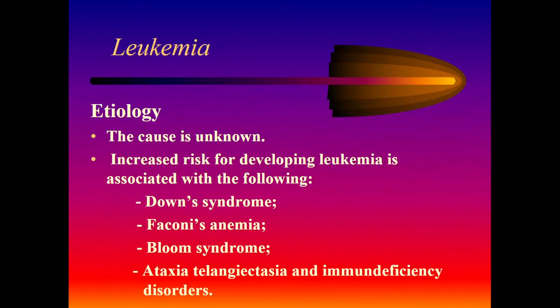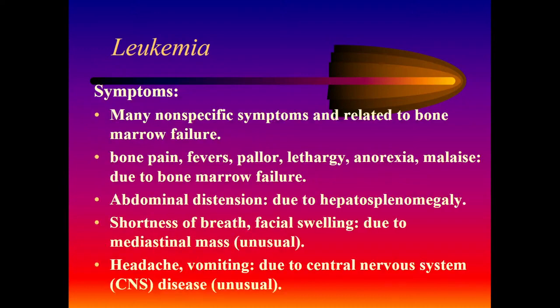And leukemia. For leukemia, the cause is unknown. Increased risk for development of leukemia is associated with the following: Down syndrome, Fanconi anemia, Bloom syndrome, ataxia telangiectasia, and immunodeficiency disorders. Symptoms are many, non-specific, and related to bone marrow failure: bone pain, fever, pallor, lethargy, anorexia, malaise.